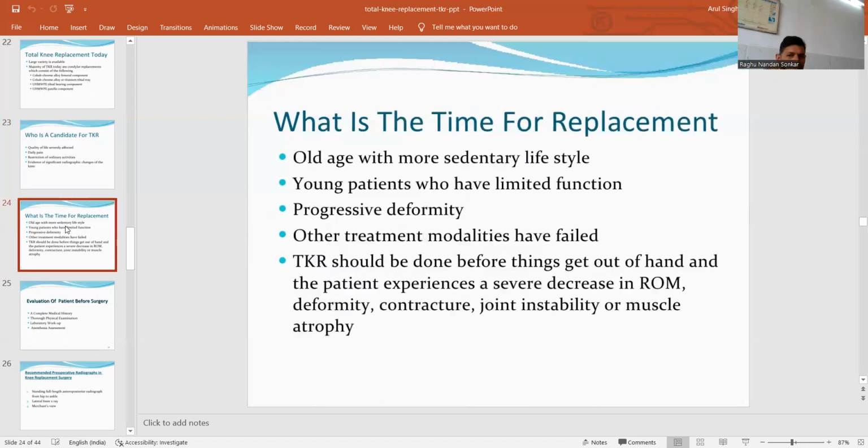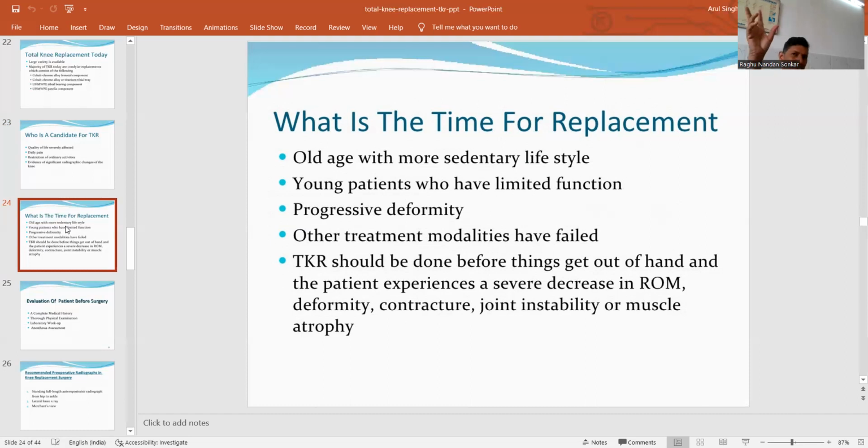What is the time of replacement? Old age with a more sedentary lifestyle, above 40 or above 50. This is the most confusing factor in replacement, because the implant has its own life.